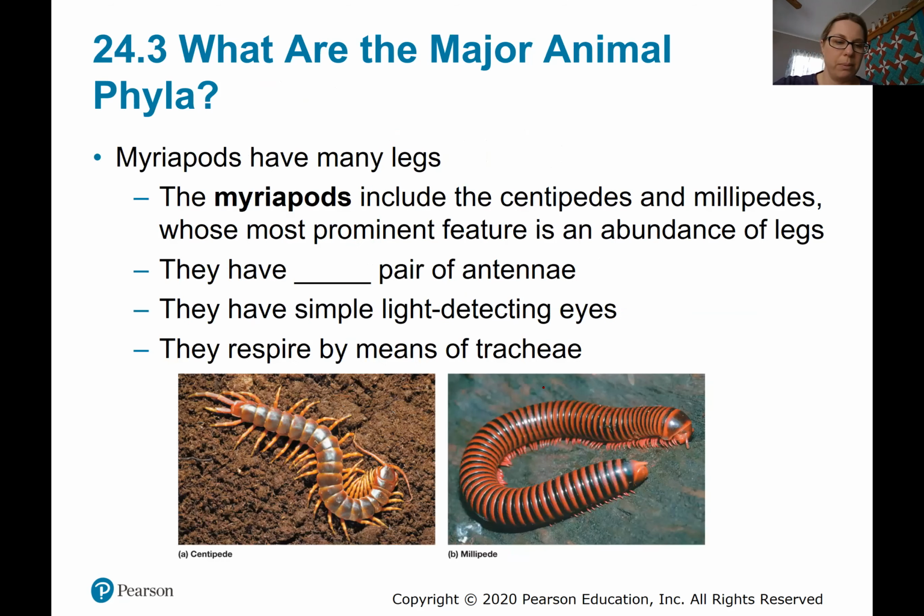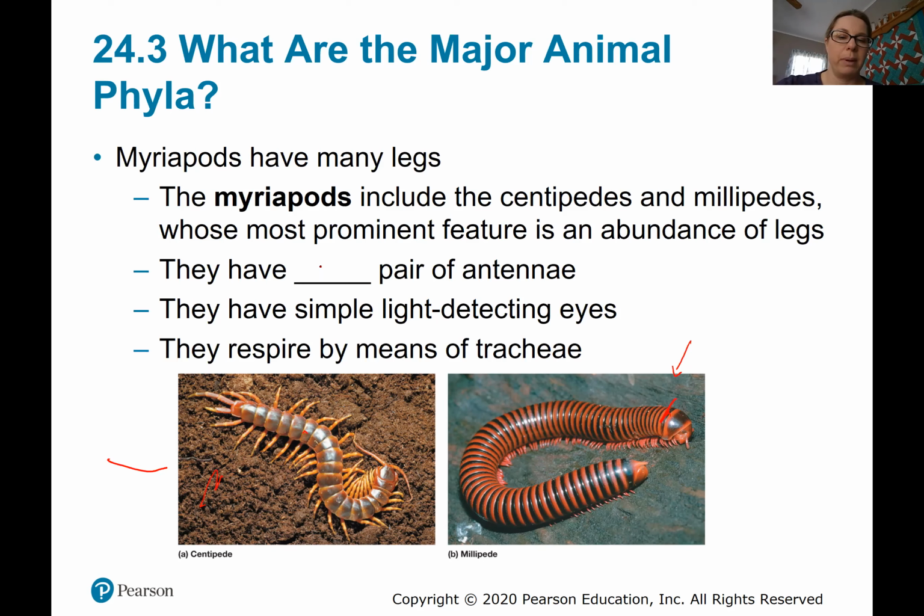Myriapods are like centipedes and millipedes. I don't know if some of you guys live around here, you've probably seen these centipedes. We get these exact, or pretty close to exact ones in my house. They're really big. And then we can have millipedes around here too, but they're very tiny compared to this one. They have lots and lots of legs.